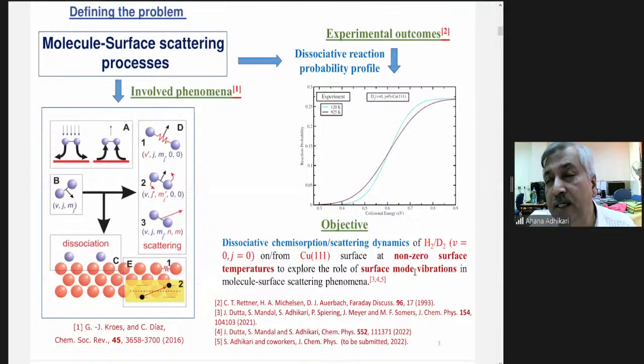And if you take a distribution of those normal modes, either through Boltzmann distribution, or let's say Fermi-Dirac, because they are harmonic oscillators, you need to consider Bose-Einstein because their operators obey the Bose commutator. So when you consider the harmonic approximation, you need to consider Bose-Einstein statistics to include the surface temperature in your theoretical formulation.